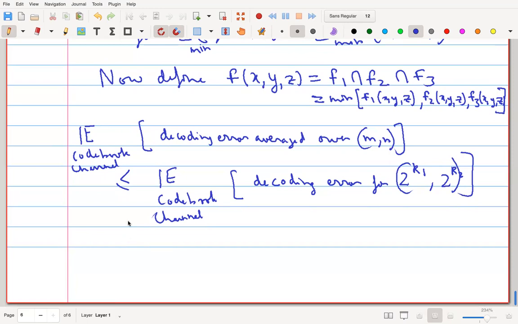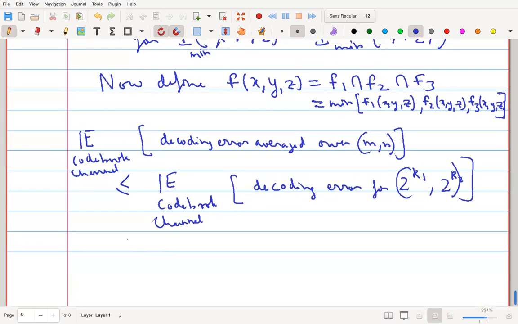This is what is called type 1 and type 2 error. Type 1 error is Charlie rejects the correct candidate 2 to the R1, 2 to the R2. That occurs with probability 1 minus f of x 2 to the R1, y 2 to the R2, given z, the channel output.